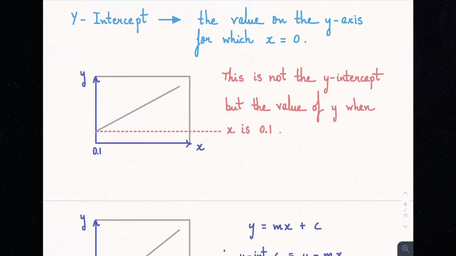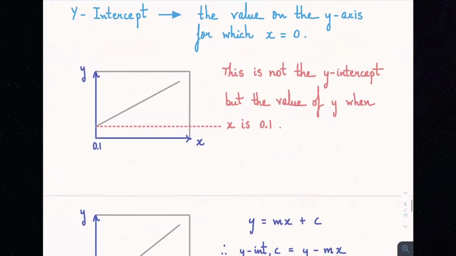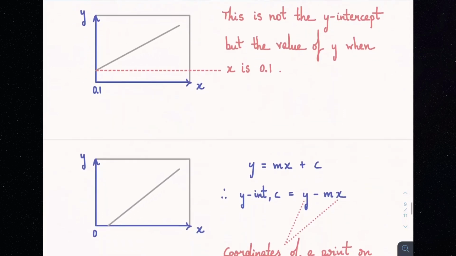So it might not necessarily be that point where the line intersects the y-axis, as shown here. For instance, here we are showing a line that intersects the y-axis not where x is 0, but where x is 0.1. So this is not the y-intercept. In fact, the y-intercept is not shown by the graph.